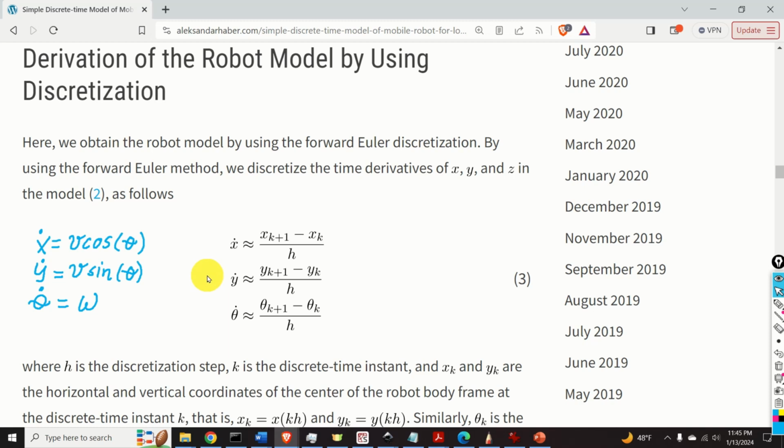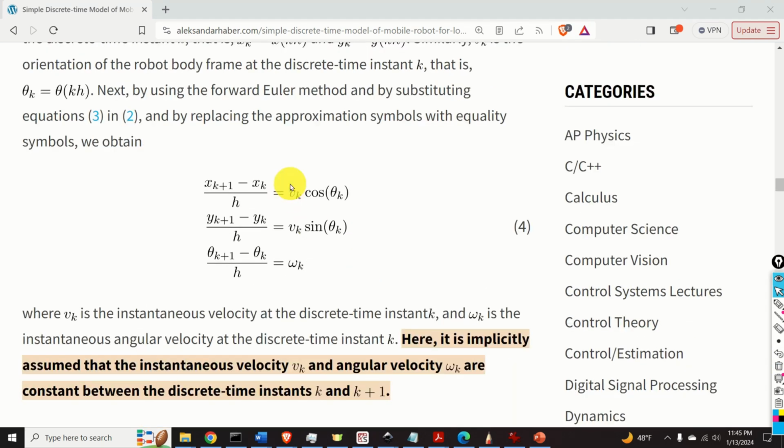In the same manner, we approximate the first derivative of y and the first derivative of theta. By substituting these approximations in our continuous time dynamics, we obtain these three equations. Over here, v_k is the instantaneous velocity at the discrete time instant k, and omega_k is the instantaneous angular velocity at the discrete time instant k.